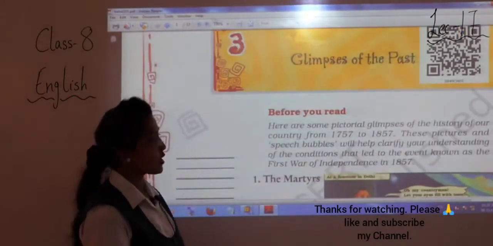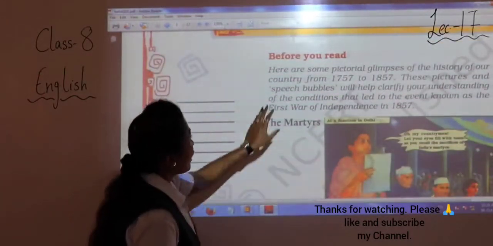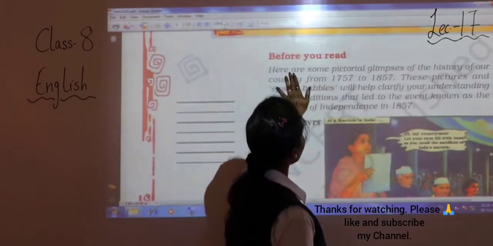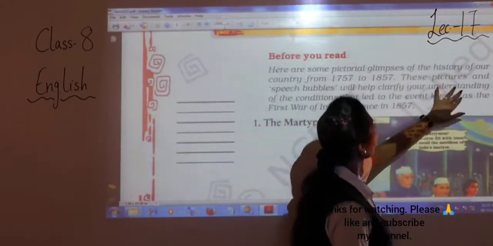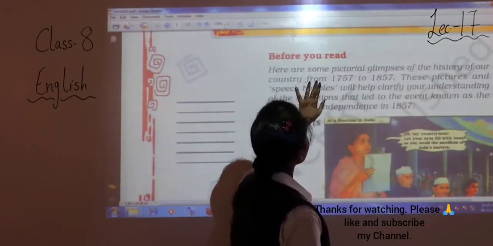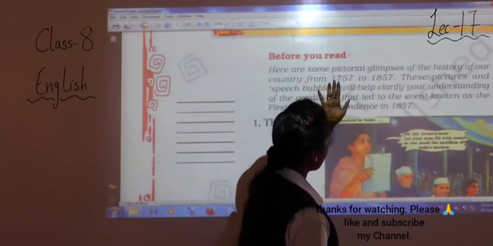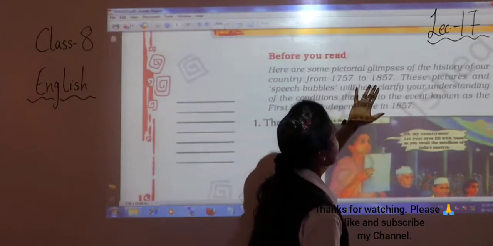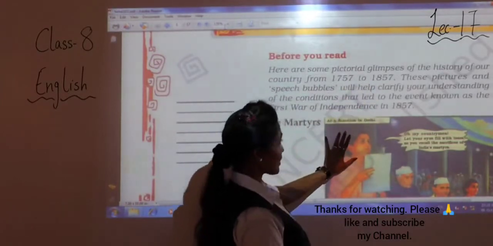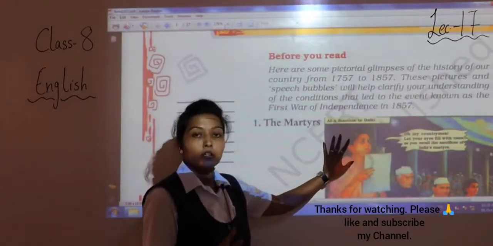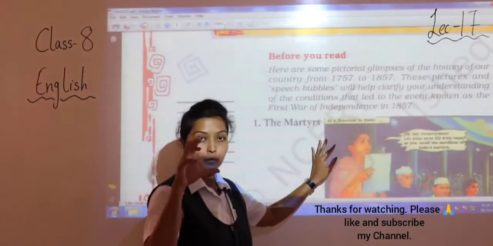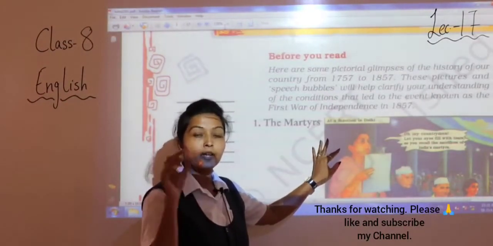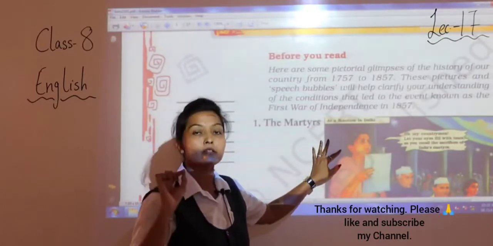Okay, now just pay attention here. Before you read, here are some pictorial glimpses of the history of our country from 1757 to 1857. If you see, the whole chapter has pictures and speech bubbles, and in them the text is written.